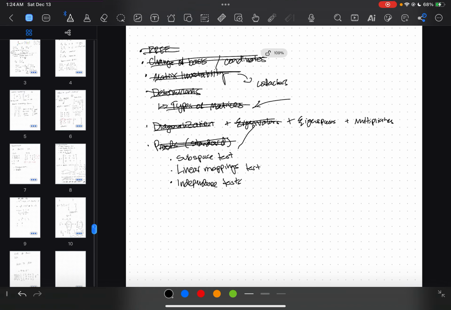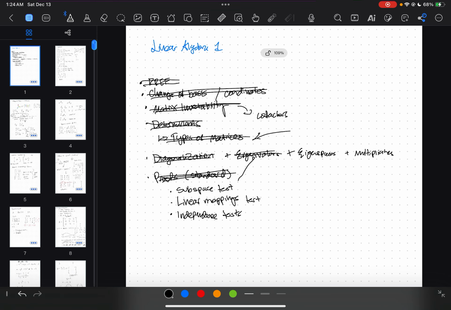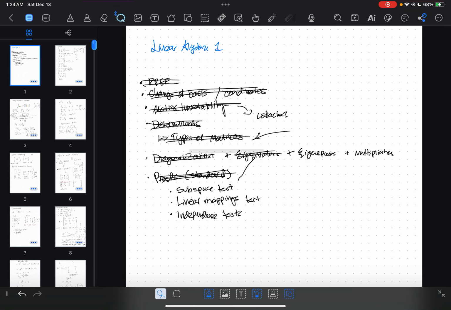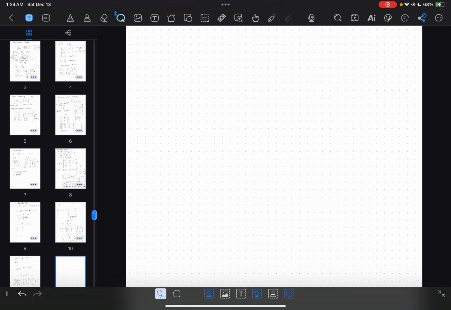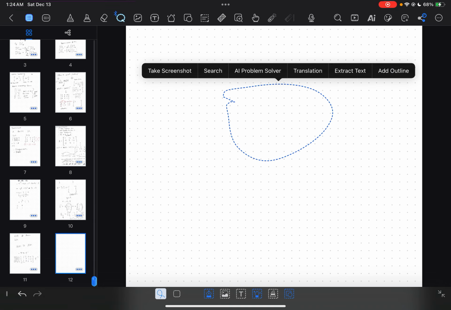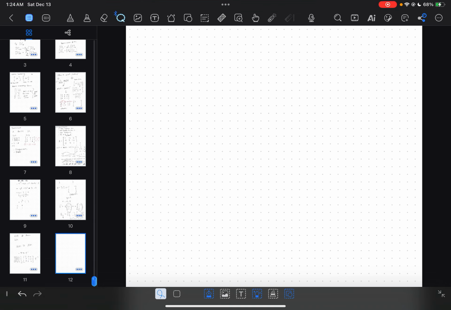And last but not least, subspace tests and stuff. These are standard proofs. There's obviously non-standard proofs that you can't expect, but you can expect to have these ones. So how do I paste?